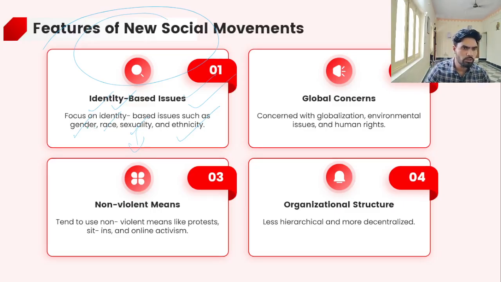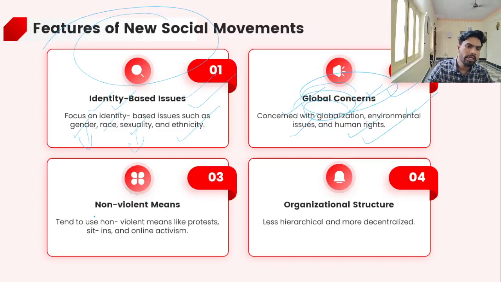Based on race also, based on gender also, like the feminist movement, etc. Another feature is their concerns are global in nature predominantly. The movements are concerned with global issues like globalization, environmental issues like climate change, global warming, biodiversity loss, and aspects like human rights.